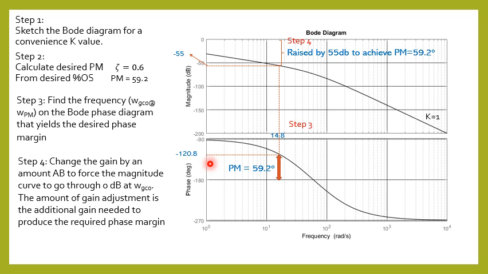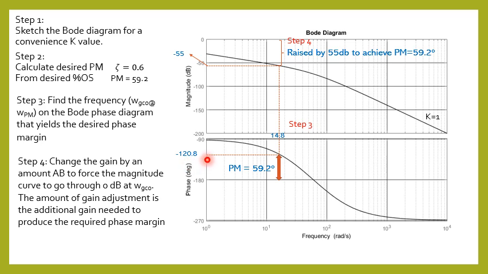Using the phase margin formula, if you want your phase margin to be 59.2, then your phase value at that frequency must be minus 120.8 degrees.